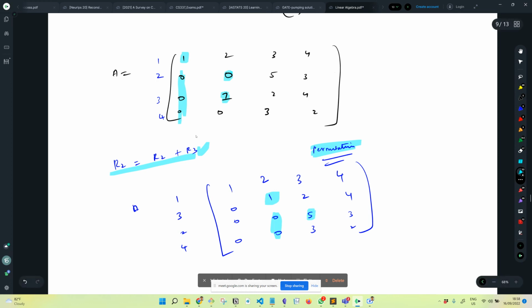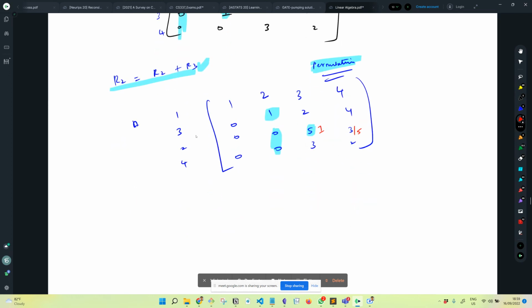Yeah. Then you obtained this. Then you will go to the third entry of the third column. You will try to make this one. And here we saw that you will use scalar multiplication to make this one. So you will do R3 equals R3 by 5. That will give you 1 here, and this will become 3 by 5. Then you will try to make R4 0 by multiplying with the third row. If you want to make this entry 0, you should not do R4 equals R4 minus 3 by 2 R2.